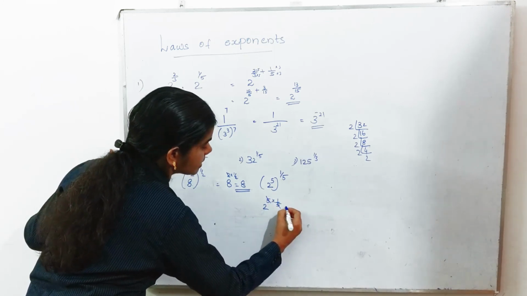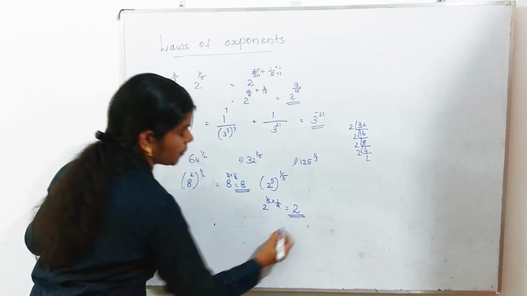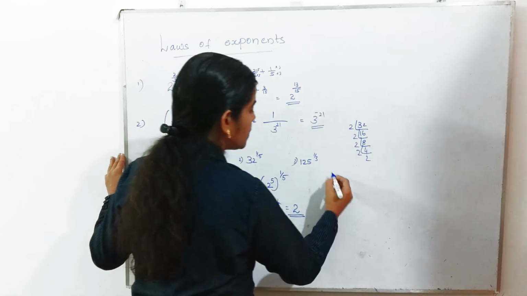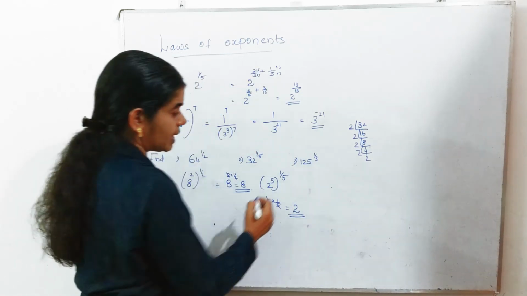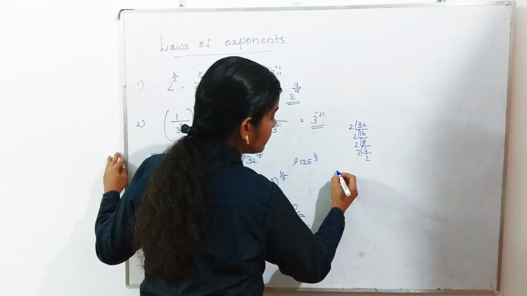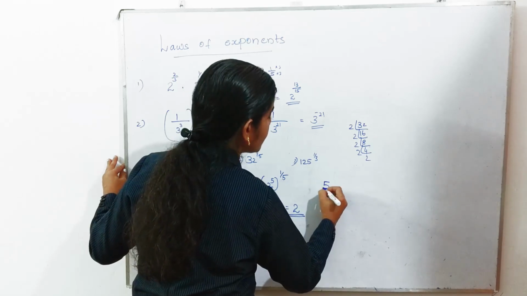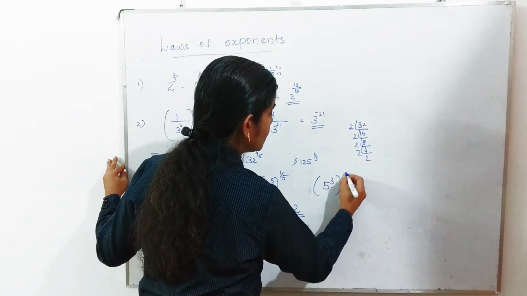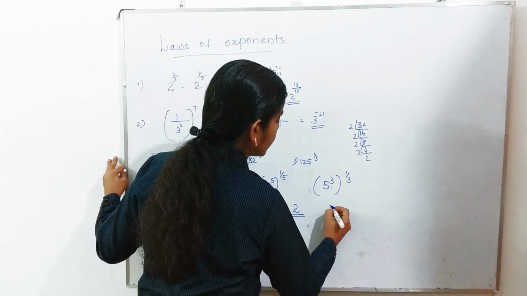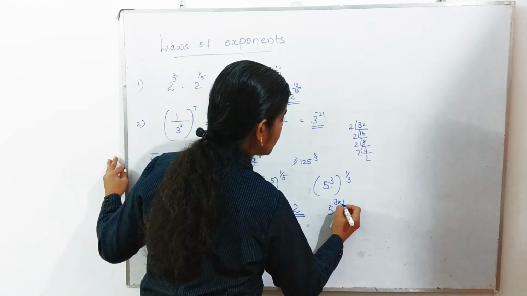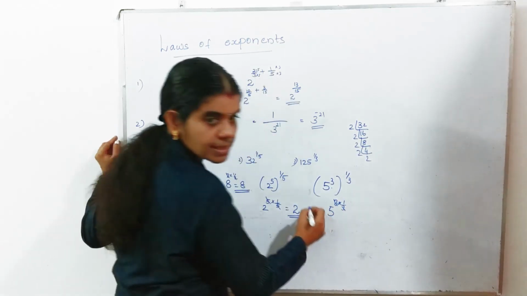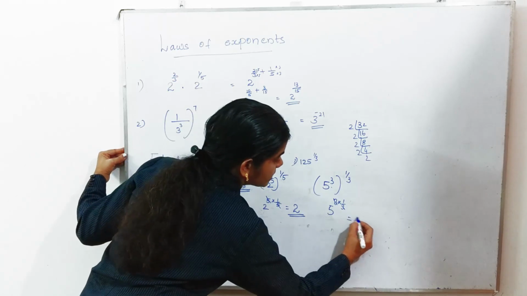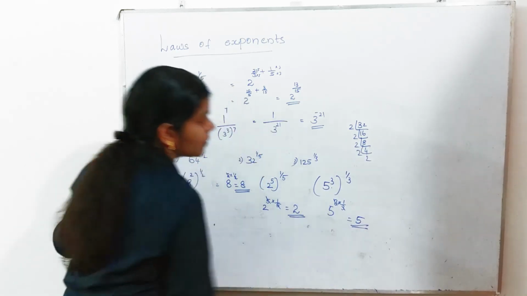We can cut this. Therefore, our answer will be 2. Then 125 all raised to 1 by 3. 125 means 5 into 5 into 5. That will be 5 cube all raised to 1 by 3, then 5 raised to 3 into 1 by 3. We can cut these 3s. Therefore, our answer will be 5.